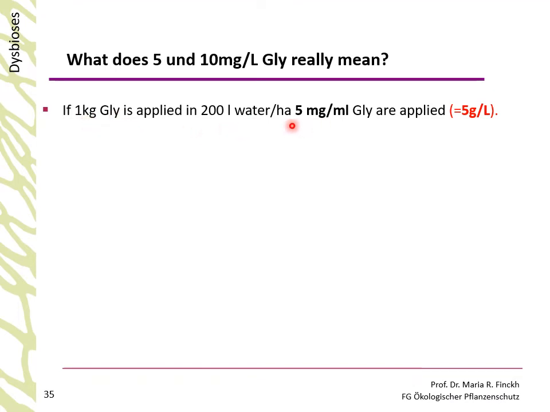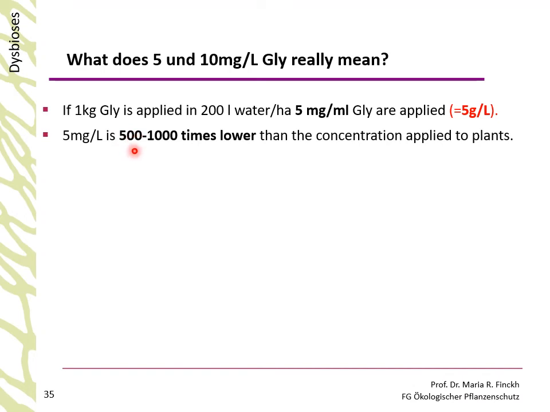That means we apply 5 milligrams per milliliter, which means 5 grams per liter. So 5 and 10 milligrams per liter is really 2 orders of magnitude less, so 500 to 1,000 times less than the concentration applied to plants.